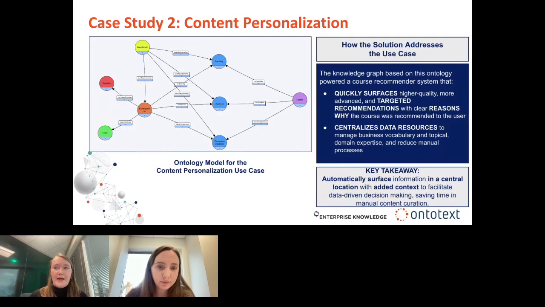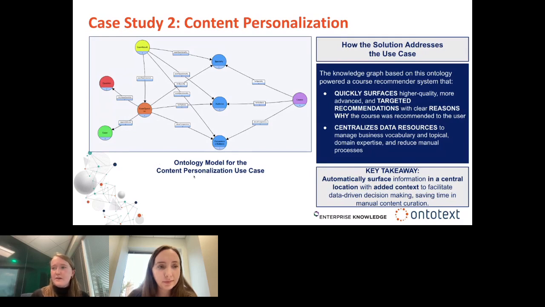So it's not a black box solution, which is, I think, really important in this new world as AI comes up so frequently. So this case study was successful in giving us the ability to automatically surface that information and give us that added context to make those decisions easier for users.